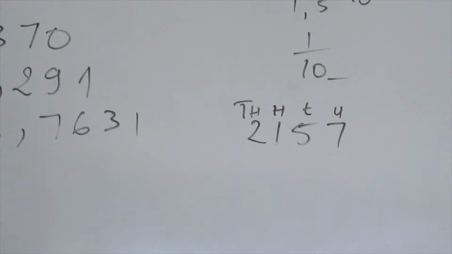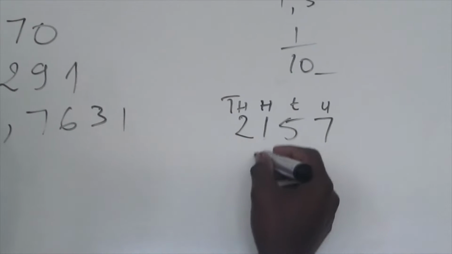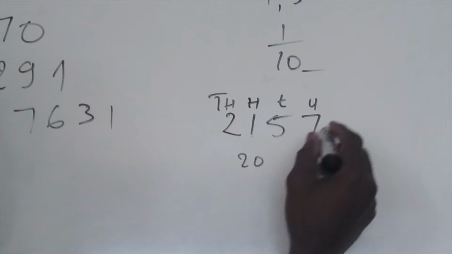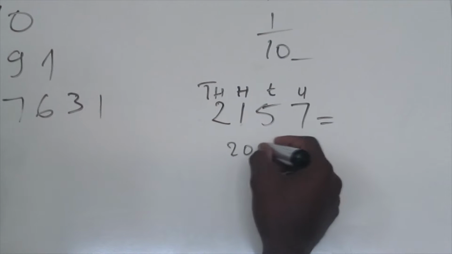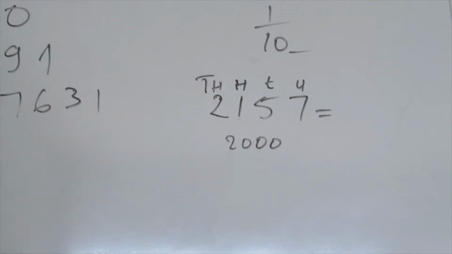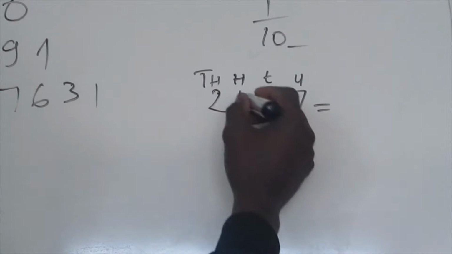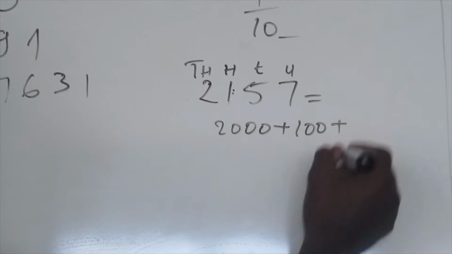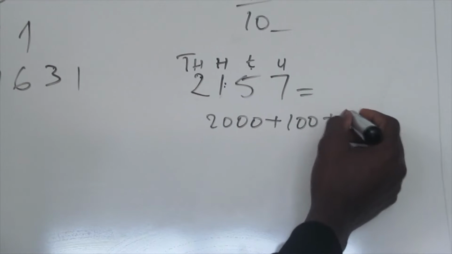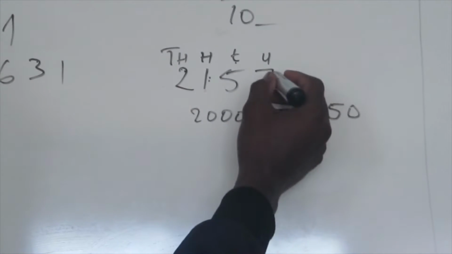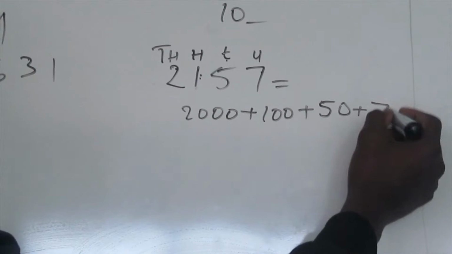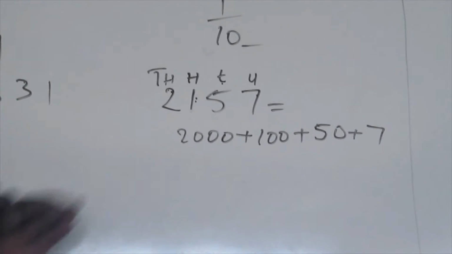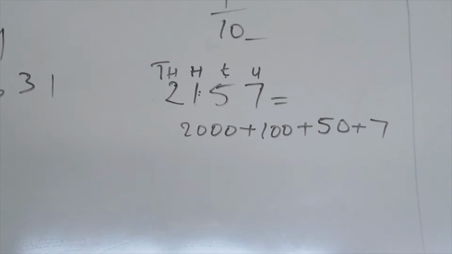So to place value this number, we have 2,000 plus how many hundreds? We have 100 plus how many tens? We have 5 tens. Then how many units? We have 7. This is how to place value the whole number.